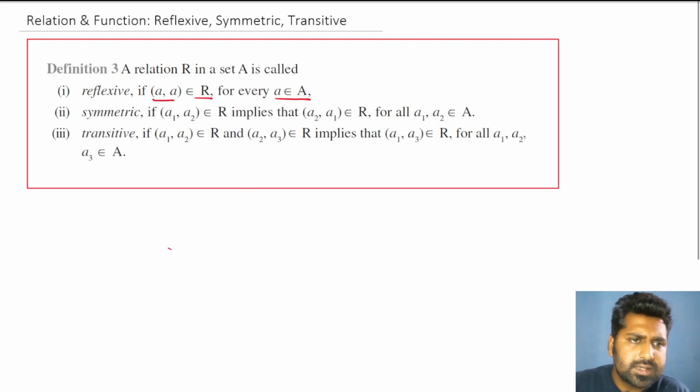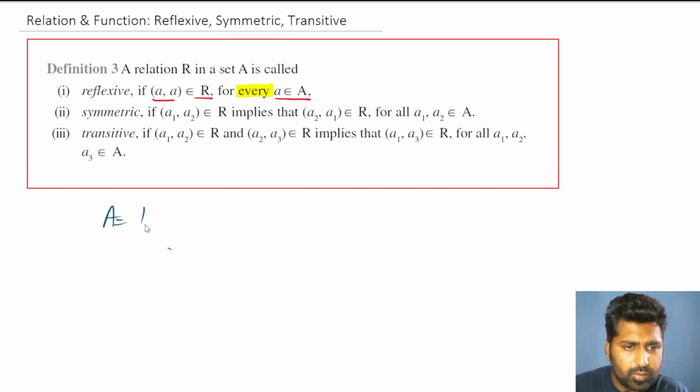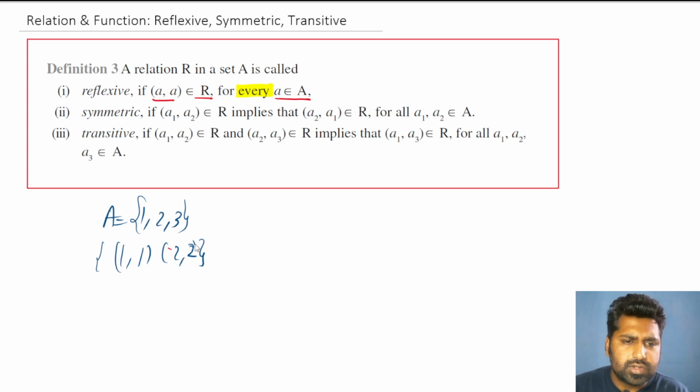But remember the word every here, it means for all elements. Suppose set A is {1, 2, 3}, and you say I have a relation which has, let's say, (1, 1) and (2, 2). It is kind of satisfying this, but it is not applicable for all elements of A. It should hold for all elements: for 1 also, for 2 also, for 3 also.